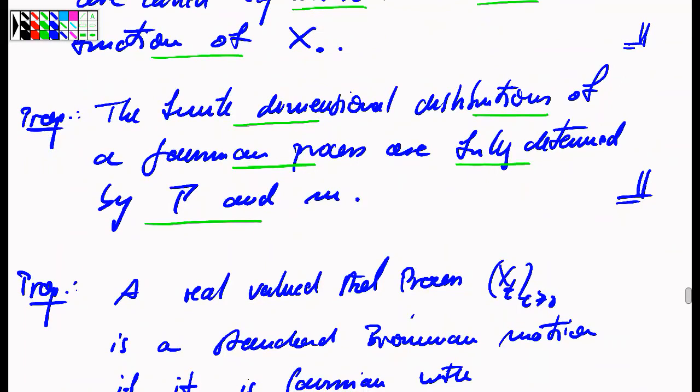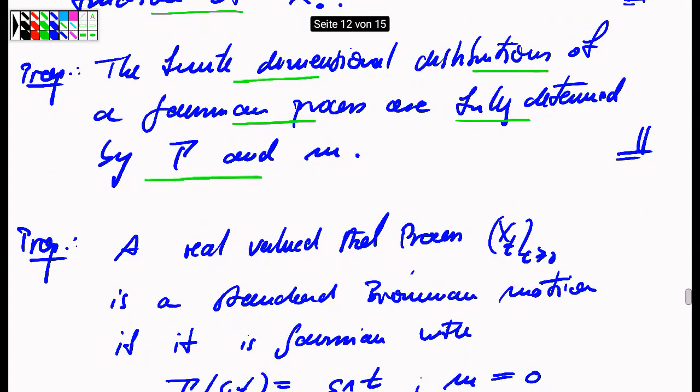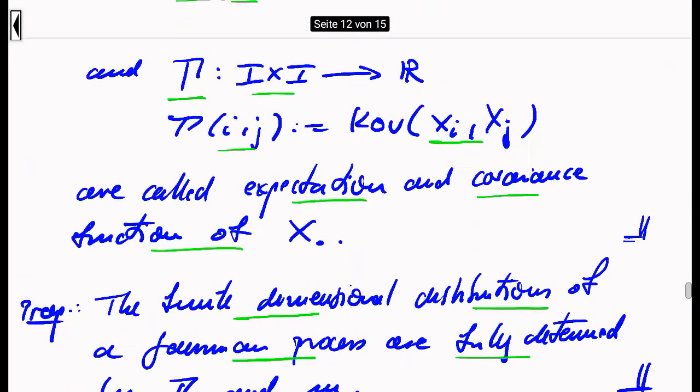So, a Gaussian process is defined by the property that all finite dimensional distributions are Gaussian, and obviously all these finite dimensional distributions are characterized, therefore, by indicating the collection of covariances and expected values.